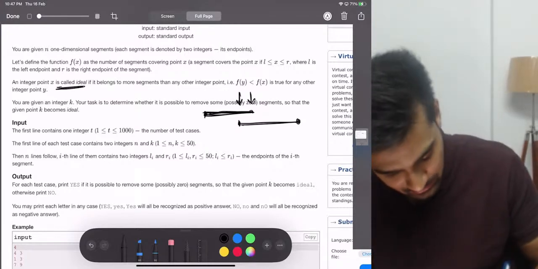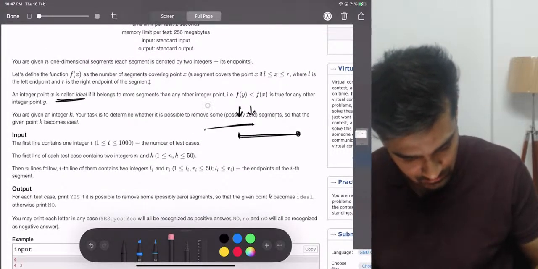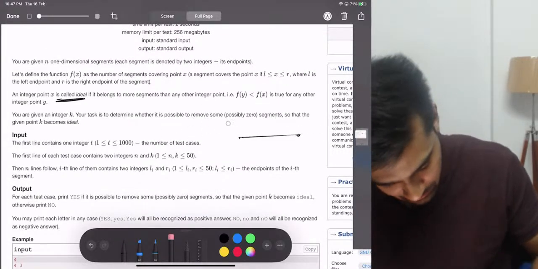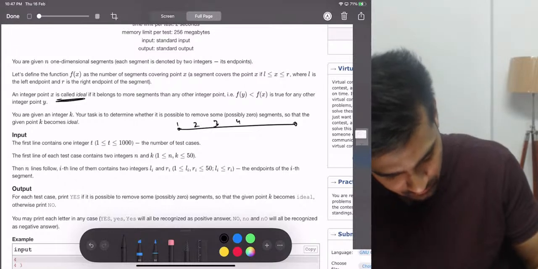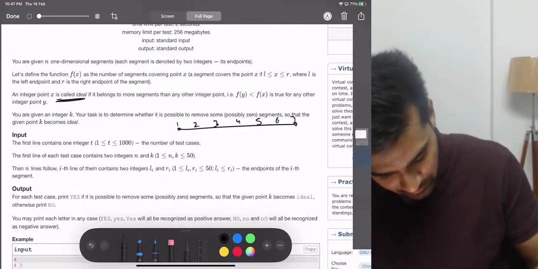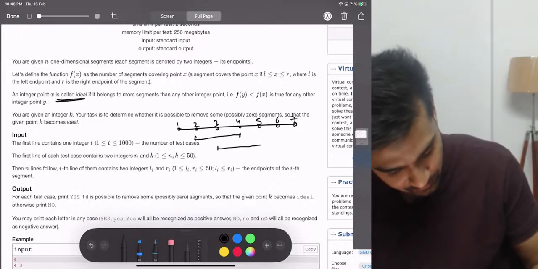So let's say we had a number line: 1, 2, 3, 4, 5, 6, 7. Let's say we had one segment from 2 to 4 and another segment from 3 to 5.